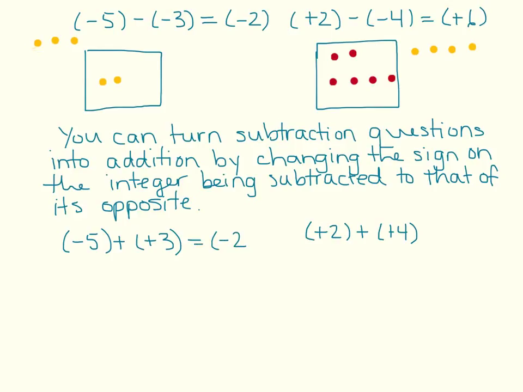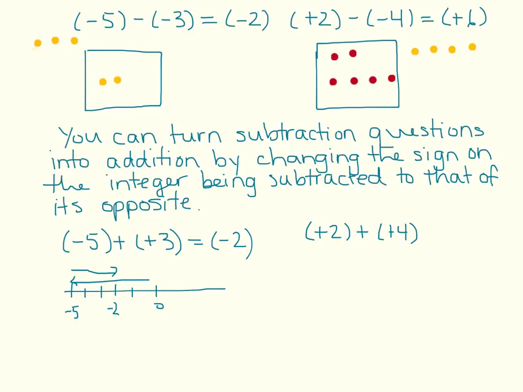We go from the 0 line down to negative 5, and then from there we add 3, so we're going up 1, 2, 3 spaces, which ends us up at negative 2.